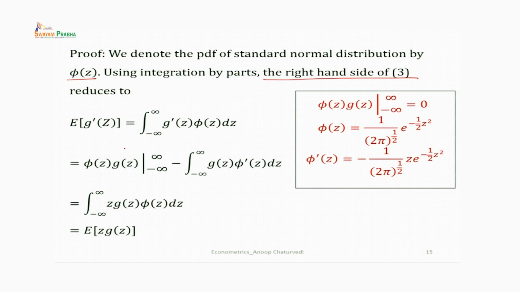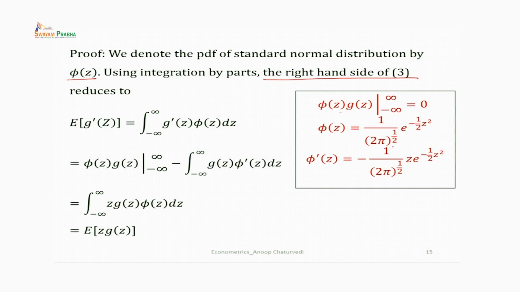Now, the first term phi z G z, the limit of this when z tends to minus infinity is 0, because phi z tends to 0 as z tends to minus infinity. Similarly, phi z tends to 0 when z tends to infinity. So, this first term is equal to 0.